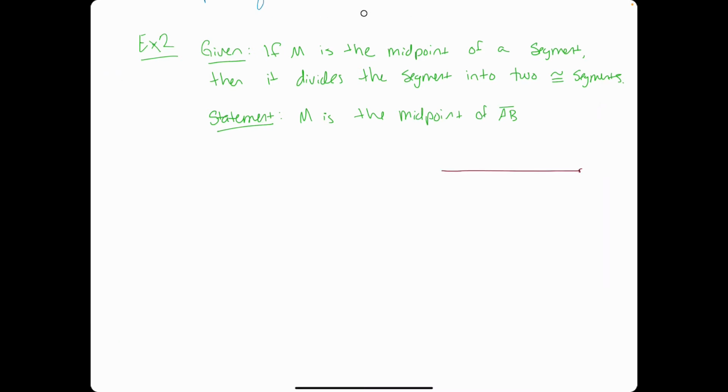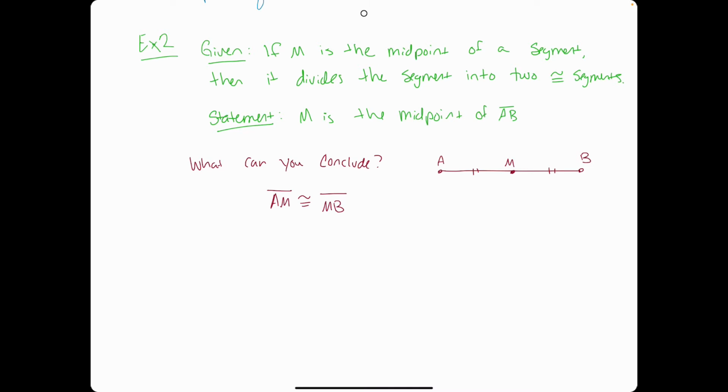So if we have a segment like this, and it's labeled AB, and it said if M is the midpoint of a segment, so there's my segment, there's M, and then it says that it divides it into 2 congruent segments. So I can give my little tick marks on here to show that those 2 parts are congruent. So what can you conclude then? Well, I can conclude that segment AM is congruent to segment MB.